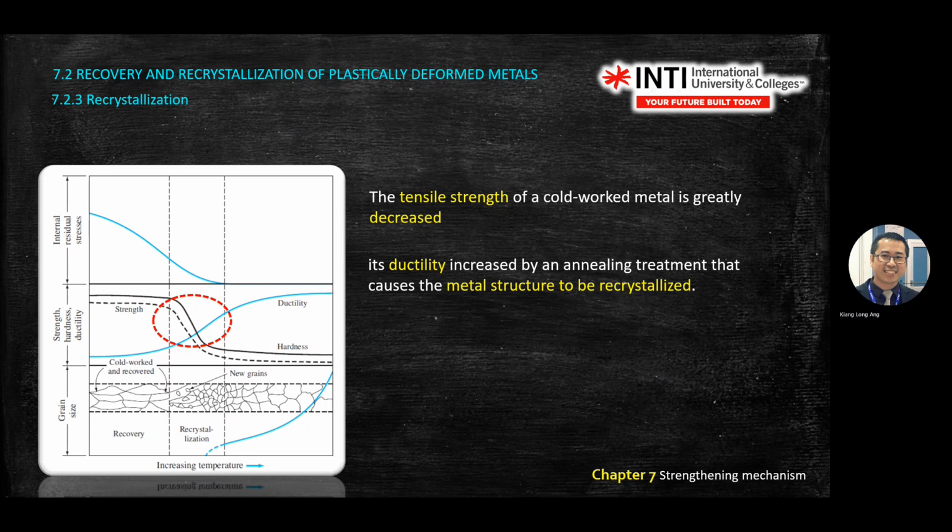Okay, so it's a good practice to draw this diagram. Important is this one and this one. You draw this diagram into three regions. Temperature below recrystallization temperature is called recovery. Then the recrystallization process, and then continue.